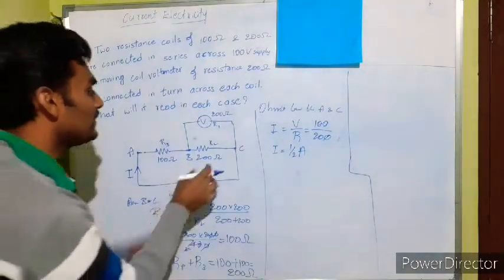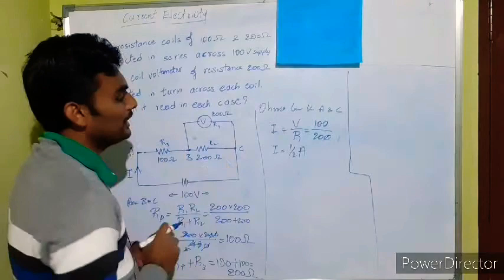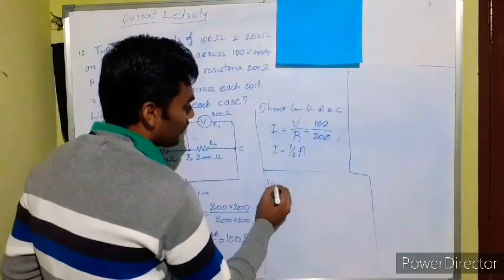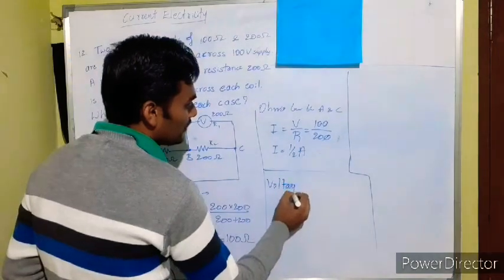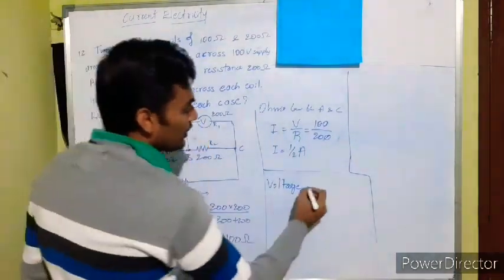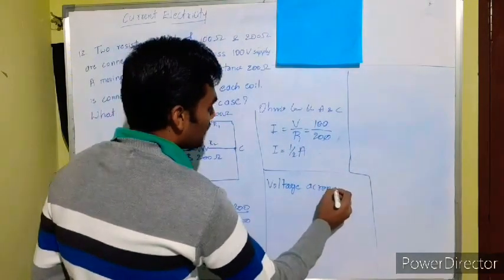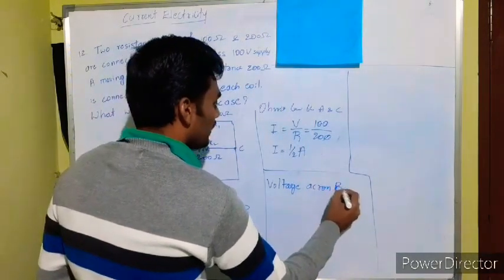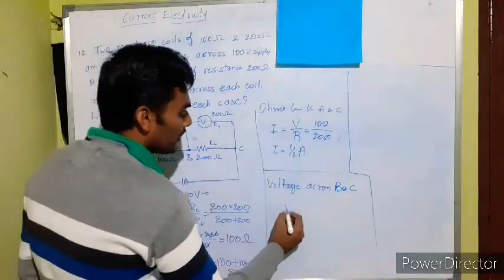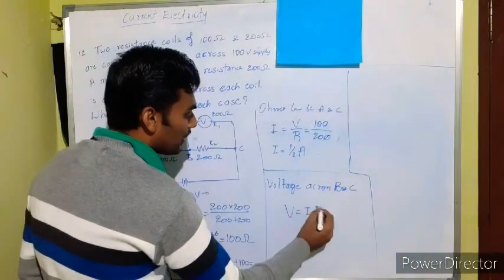But what we need is the voltage across B and C, because this is the voltage which the voltmeter will show. Again, we will make use of Ohm's law, V is equal to IR.